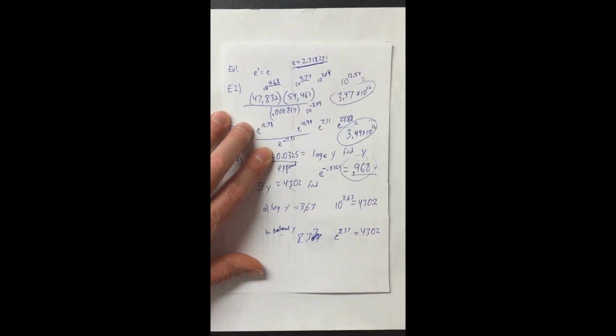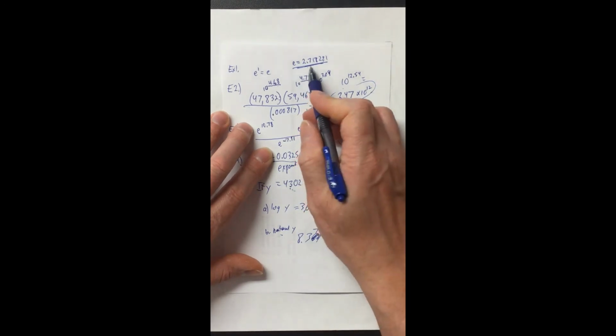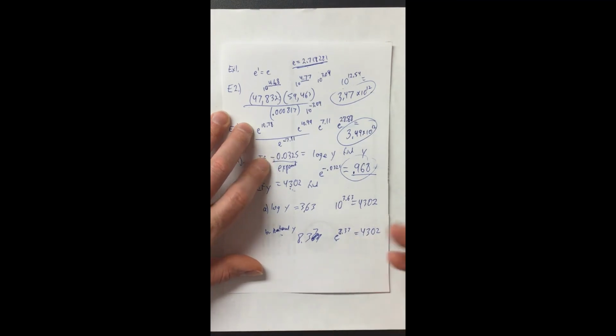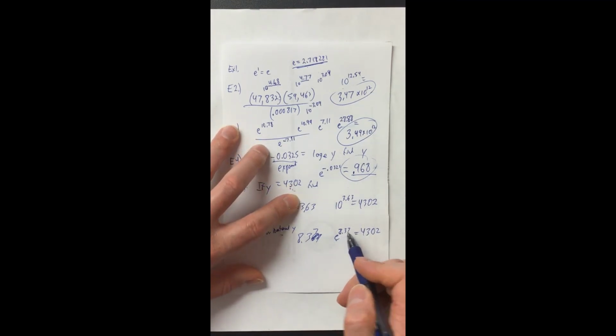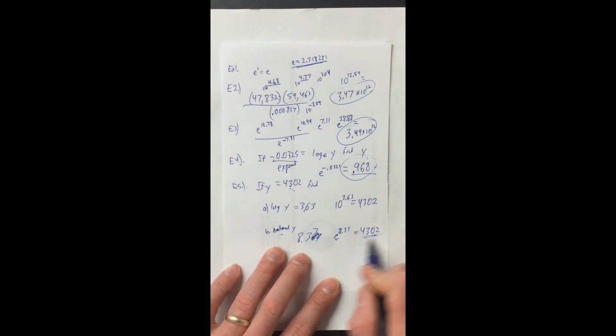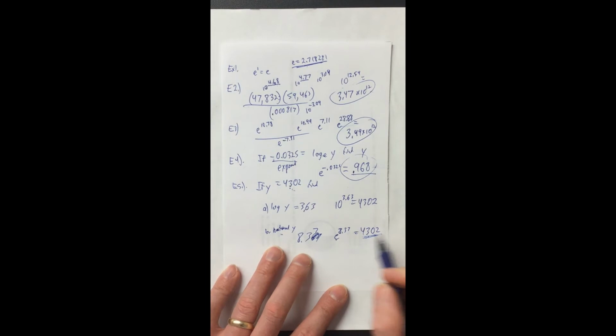There's my e value. So if I were to take my e, my 2.7, not times 8, but to the power of 8.37, that would give me back to my anti-logarithm number there.